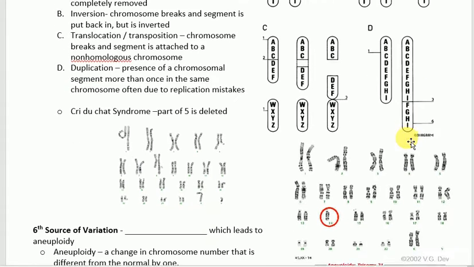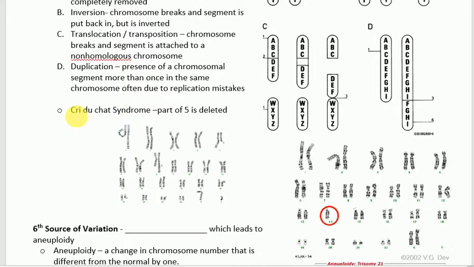Another example of a chromosomal variation is Cri-du-chat syndrome. And basically you can see that part of 5, it's a little bit hard to see, is missing, and it is actually added down here to 8. So this is an example of translocation.